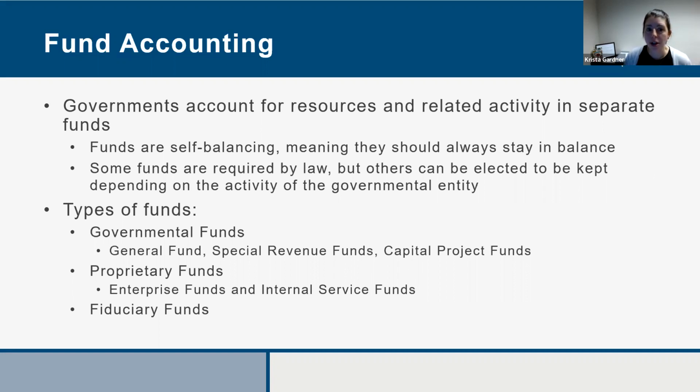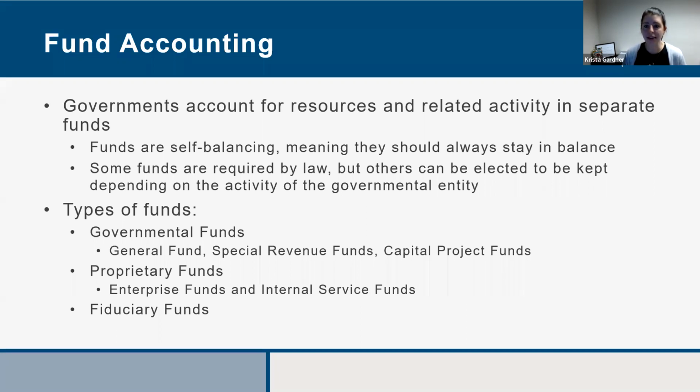Continuing on from last time, we talked about fund accounting and what it is. Governments account for our resources and related activity in separate funds. We look at those as little mini businesses or mini programs. All of those funds have to stand alone, meaning they should always be self-balancing.